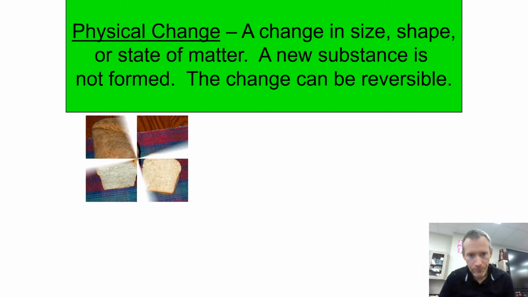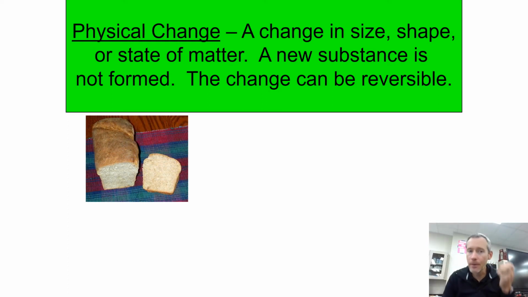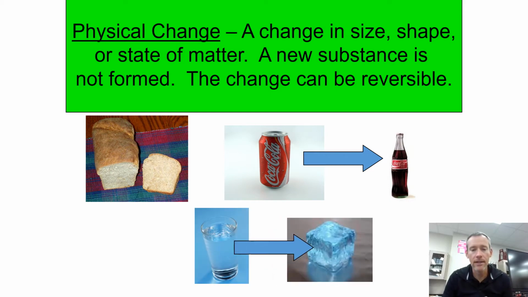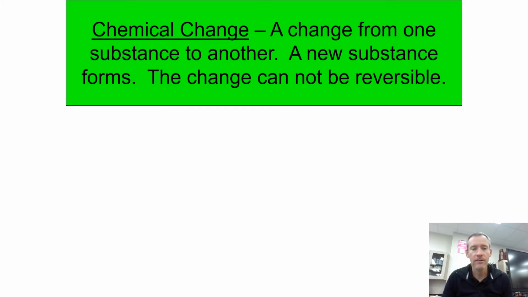A physical change is reversible. A new substance is not formed, so a slice of bread is still bread. Container, volume, size, still Coca-Cola, no matter if it's a bottle or a can. Ice changing from liquid to a solid is a physical change.